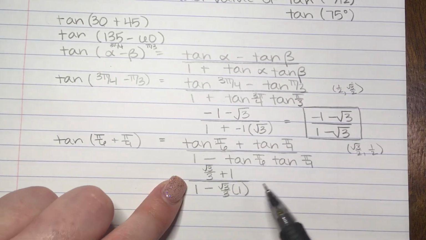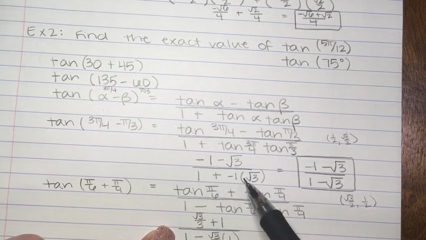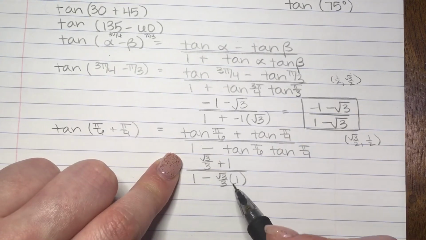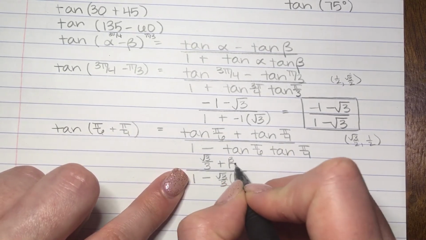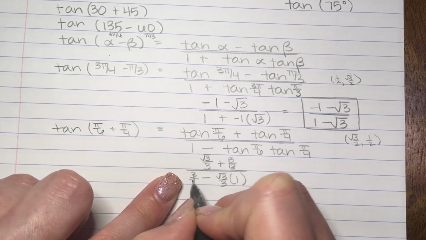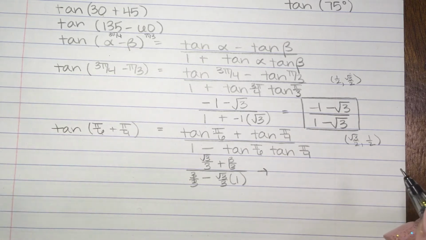Okay, so what's happened here is instead of having just something simple and a radical and simple and a radical and just kind of having this mess, we have fractions. So what I'm going to do is I'm going to take this 1 and I'm going to write this as 3 over 3. And I'm going to take this one and I'm going to write this as 3 over 3 as well. So what I did is I was getting a common denominator.